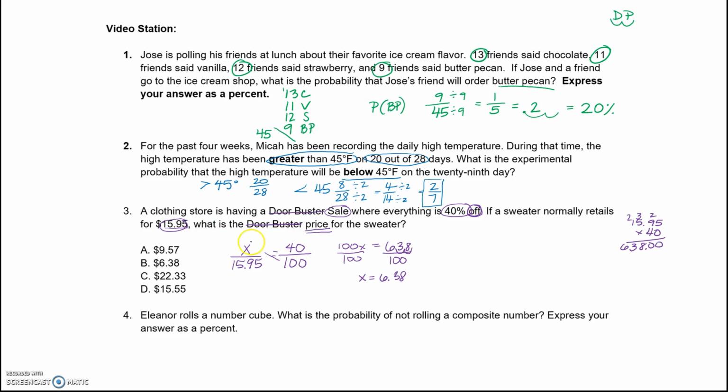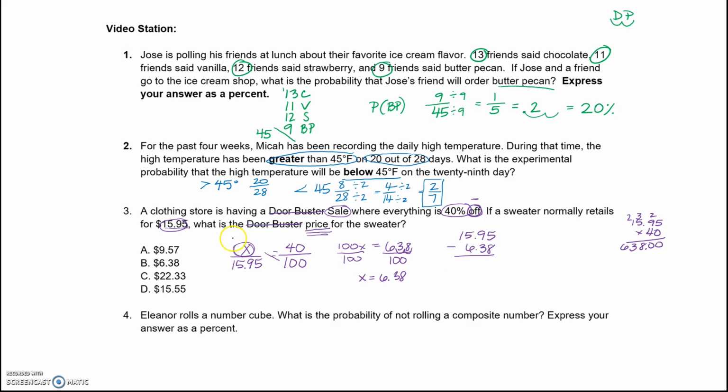Well, look, my answer is right there. But let me go back and see, is that what the question's asking for? It says, what is the price for the sweater? So is $6.38 the price? Well, that's X, right? And X is representing 40%. It says that it's 40% off. So off means I need to take off, I need to subtract that from the total. So $15.95 minus $6.38.